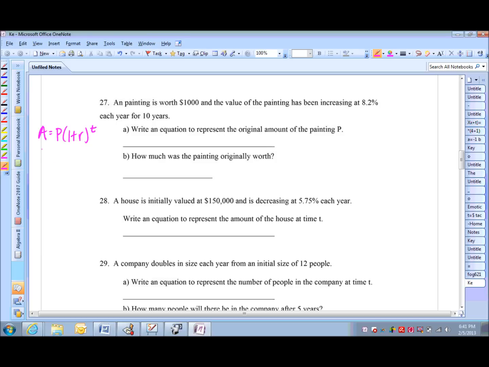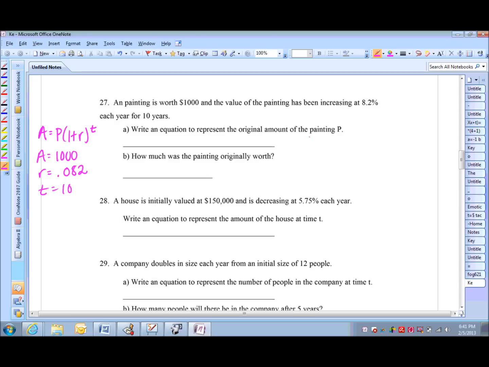The amount of the painting right now is $1,000. And R, the rate at which it's increasing, is 8.2%, or in decimal form, 0.082. And our T value is 10. It's been increasing for 10 years.